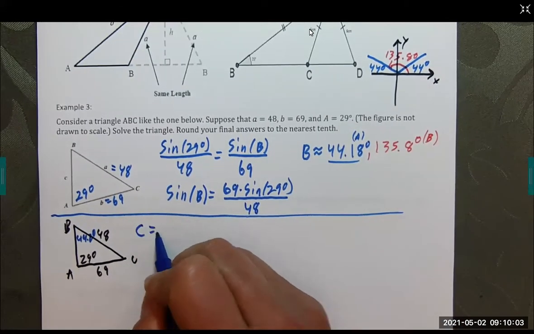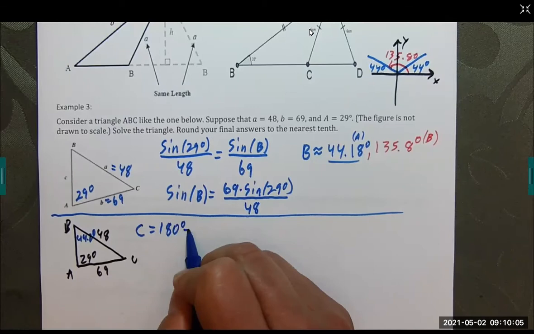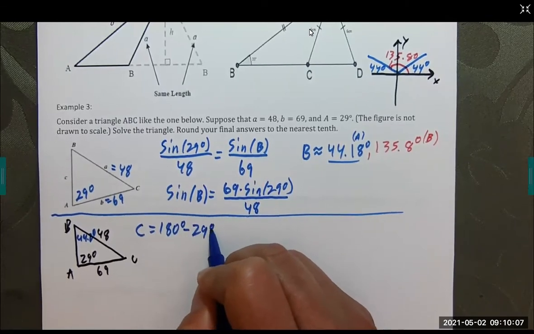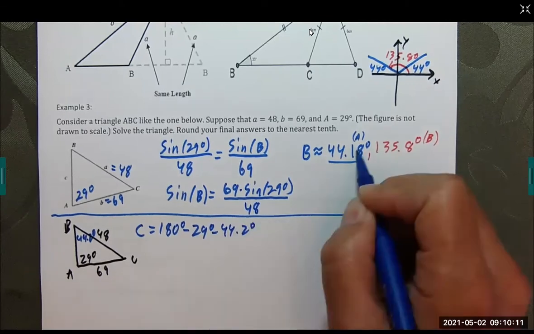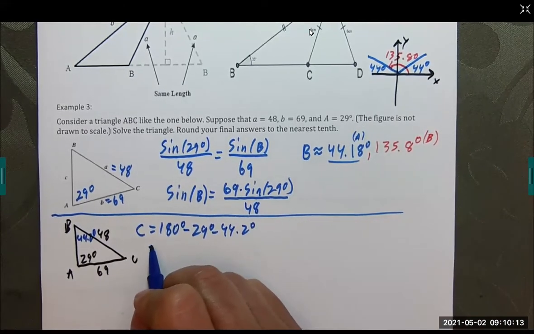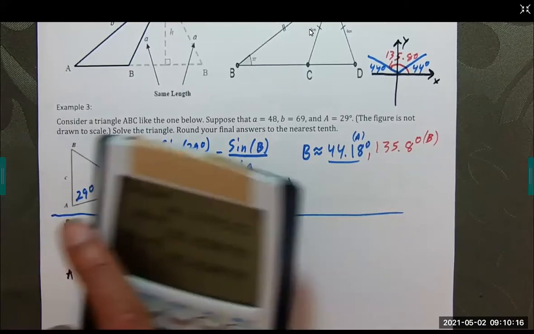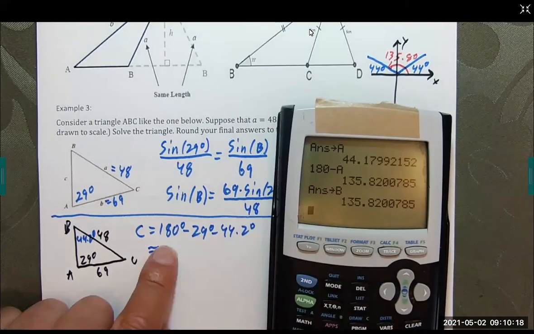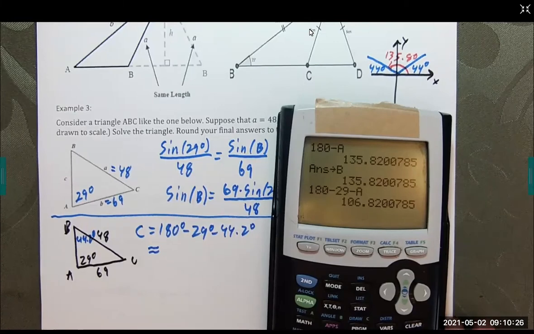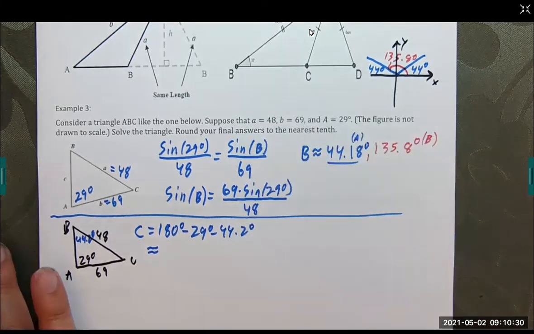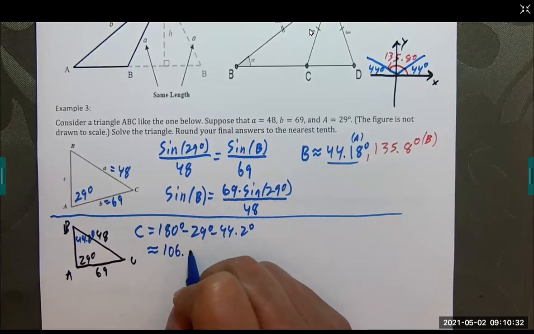Angle C is going to be 180 degrees minus 29 degrees minus our 44.2 degrees. That's in memory A. So 180 minus 29 minus A. Let's store that as C. So I got 106.8 degrees.